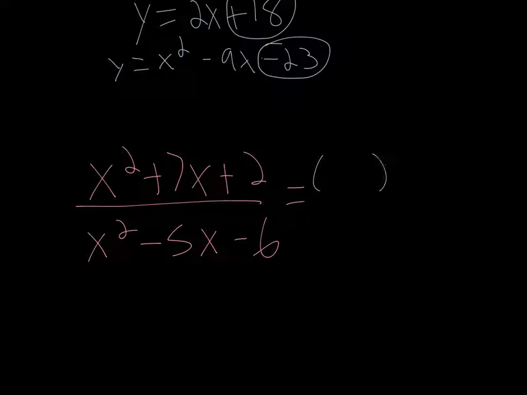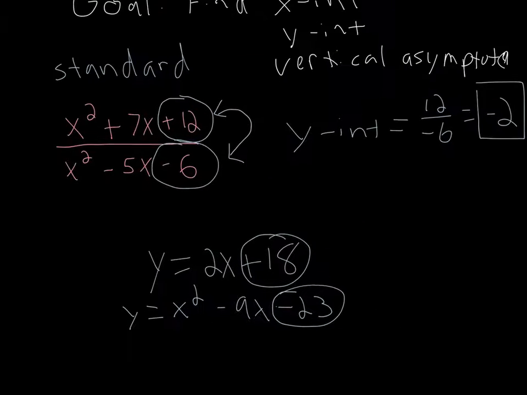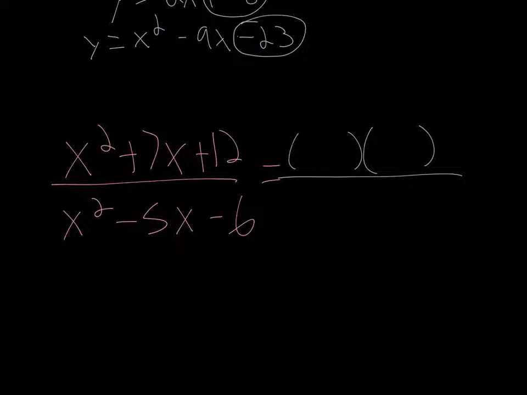Since there is no greatest common factor in the numerator, we're going to try to use the product sum method for factoring. Oops, I think I forgot a digit here. I think this is supposed to be 7x plus 12. Let's double check. Yep. The product sum method is used when we have a quadratic trinomial.